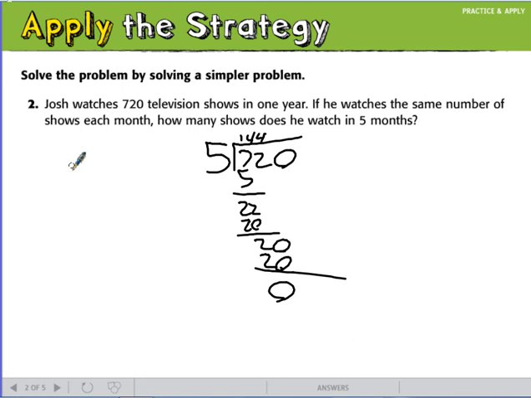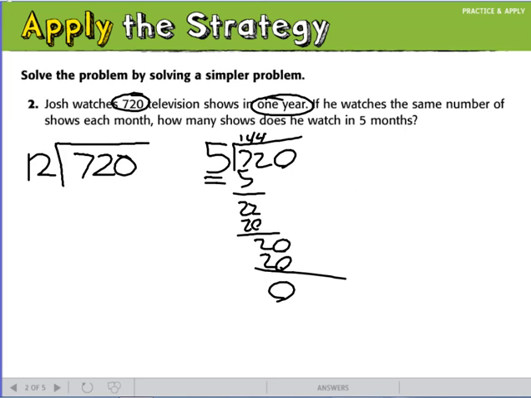Okay, so Drew, how many months are in a year, Drew? 12. So 720 in 1 year. You told 720 in 5 months. We should have started with this. Then 12 goes into 72 6 times.